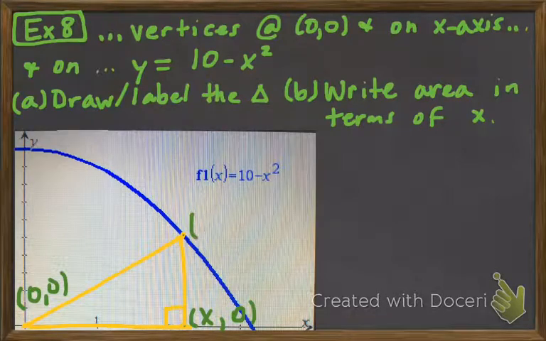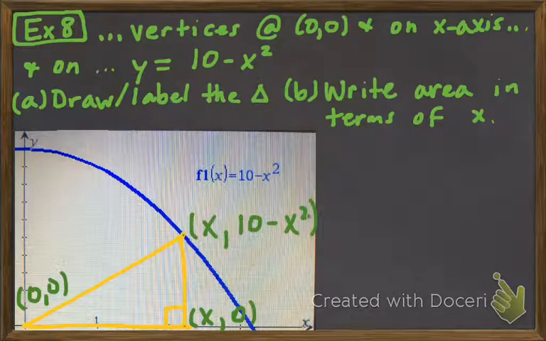And the coordinates of this point, well, it has the x in common with the point on the x-axis, and then the y-coordinate is 10 minus x squared. If you can label the points on a diagram like this on these kinds of problems, and you will see a few of these before the end of the semester, you come a long way towards being ready to do the rest of the problem.